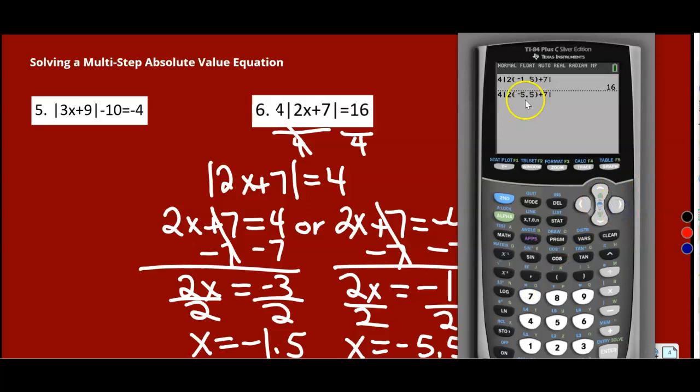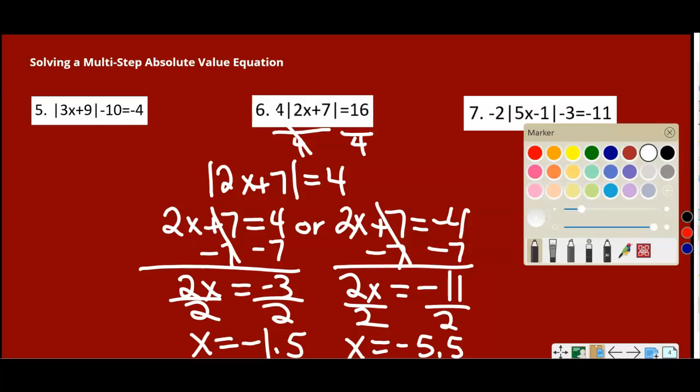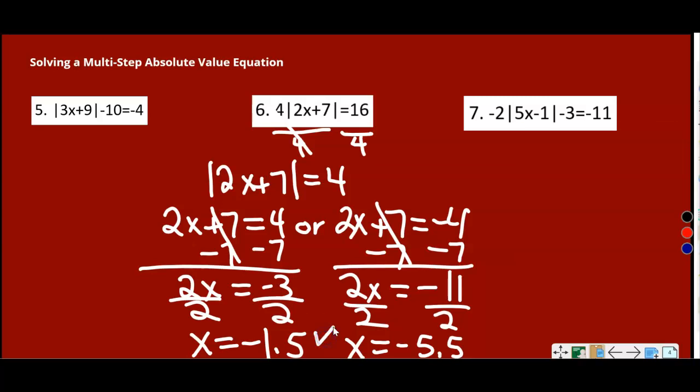Then I'm going to arrow outside the absolute value. So I have 4 times absolute value of 2 times negative 5.5 plus 7. We want to see if that equals 16 as well. And it does. So that shows that both of these are correct solutions.